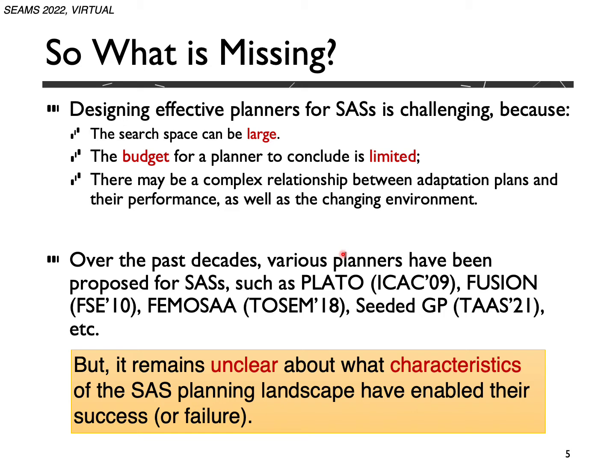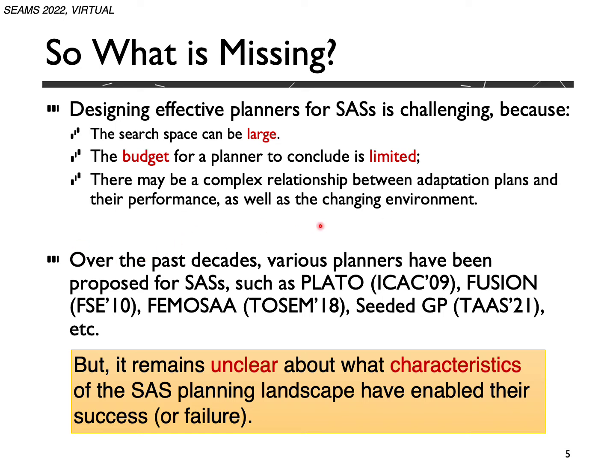There may also be complicated relationships between adaptation plans, their performance, and the changing environments. For example, there could be interaction between the adaptation options, and the same adaptation plan may change significantly in performance under different environments.